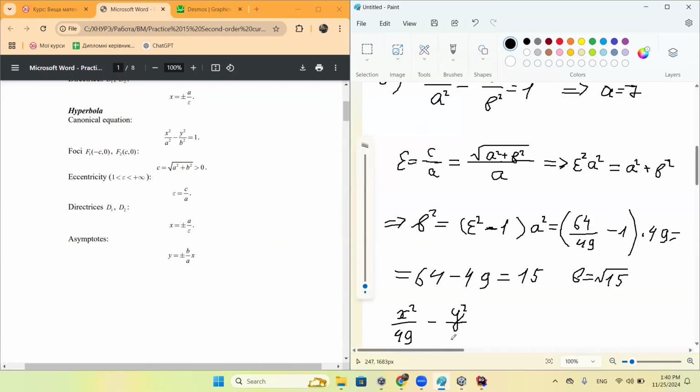So minus y to the power of 2 by 15 equals 1. And this is the final answer. Of course, we can write here 7 to the power of 2, square root of 15 to the power of 2. It depends on the tasks you need to complete. Basically, that's enough. Any questions about this task?